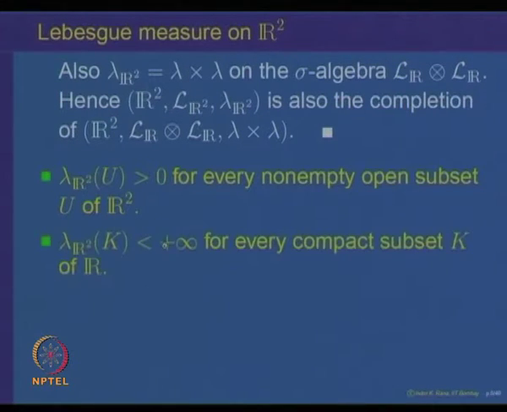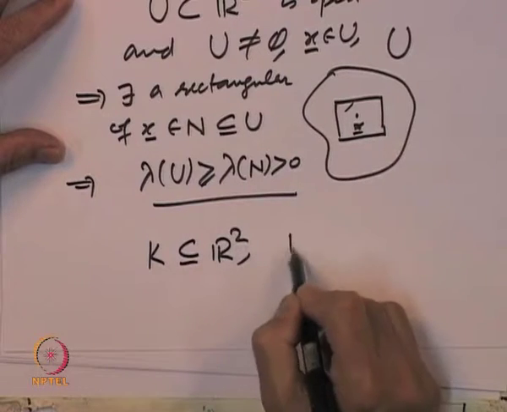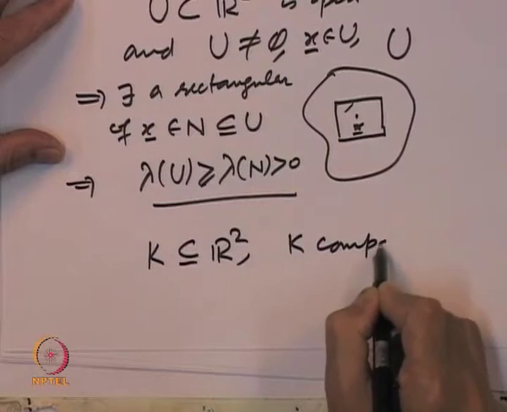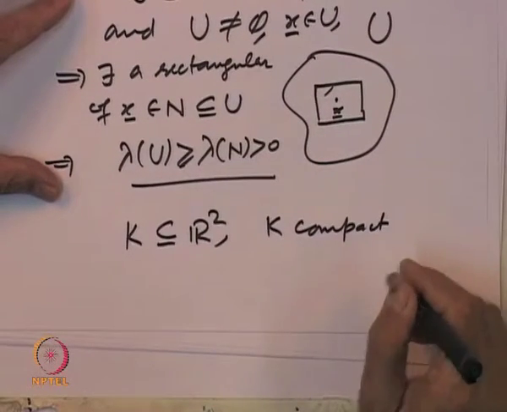And the second important thing is, supposing you take a set K, which is a compact subset of R 2. So, K is contained in R 2 and K is compact. If a set is compact, that implies it must be bounded.